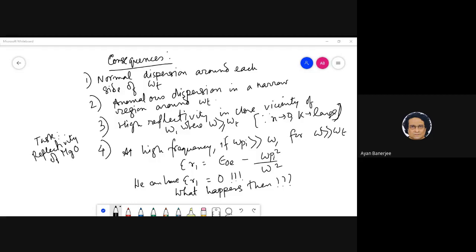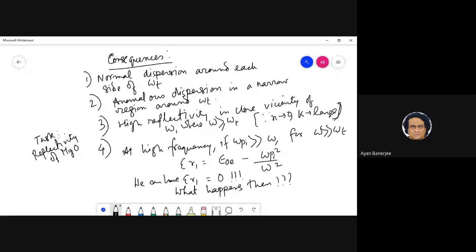So you can do it as a function of incident energy or frequency. I will say incident frequency is better. Reflectance as a function of incident omega.